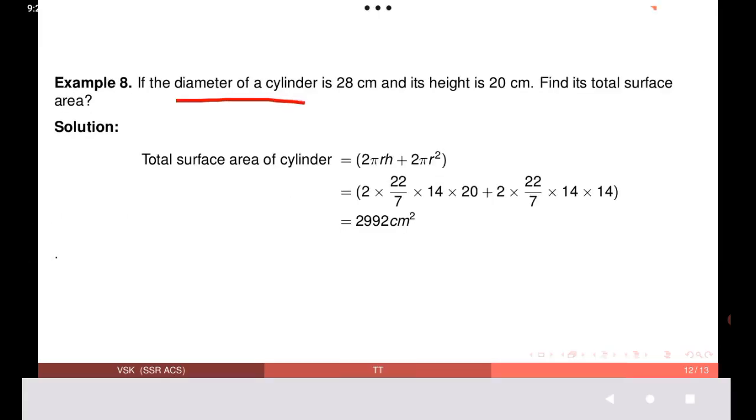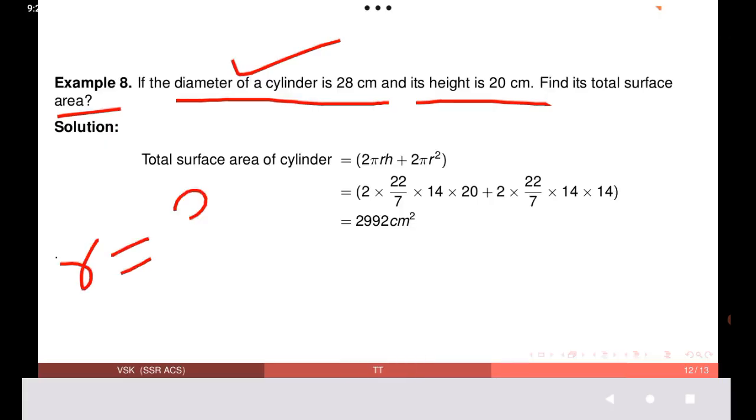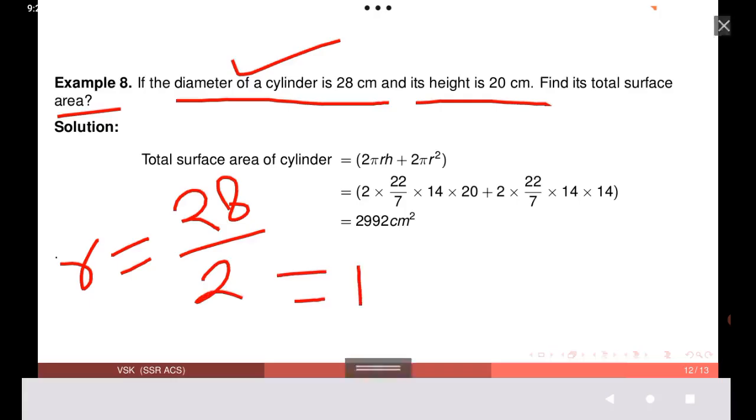If the diameter of a cylinder is 28 centimeter and its height is 20 centimeter, find the total area. So for this purpose, first of all the diameter is given, and we'll have to find the value of radius. So it will be d by 2, that is 28 by 2, that will be 14.